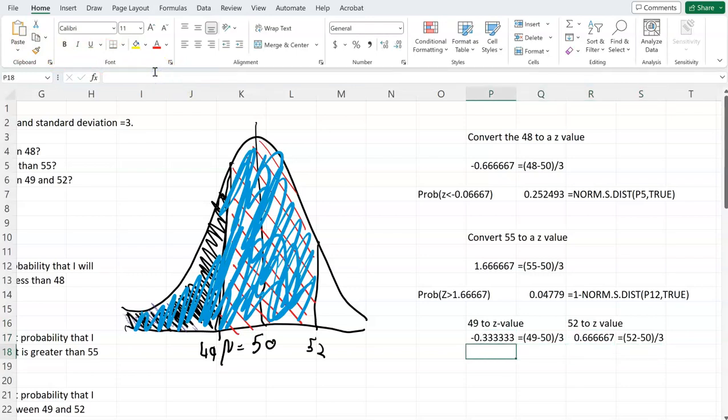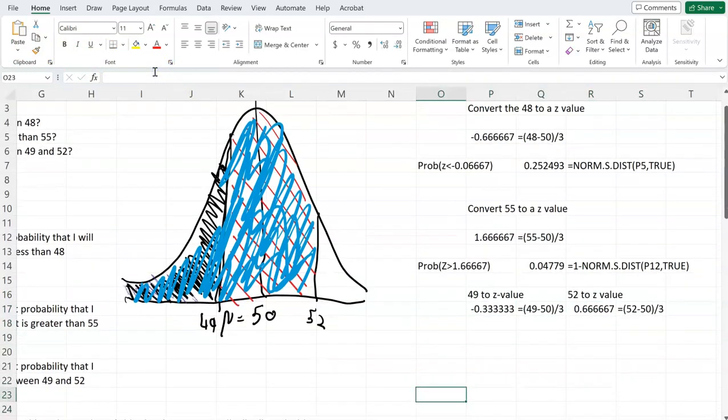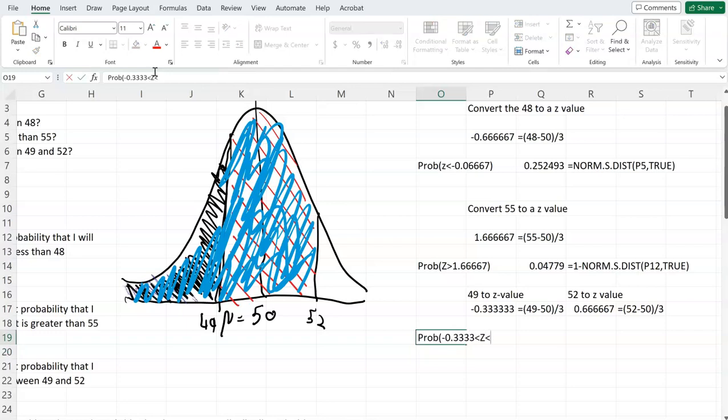So here we have these two numbers, and now we have to find the probability that your value is between negative 0.3333 and 0.6667.